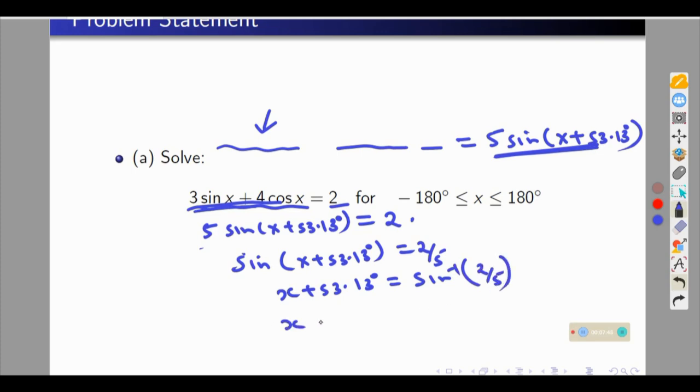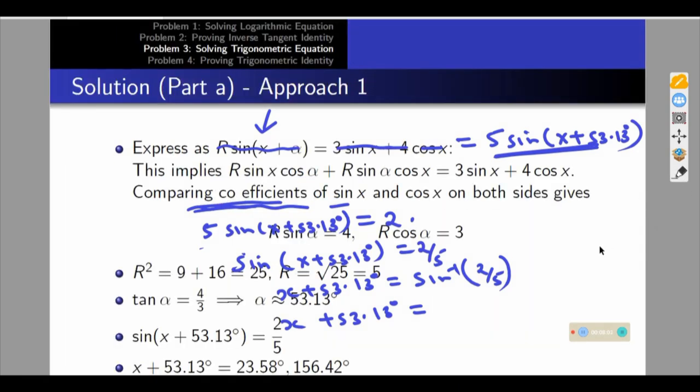So you will be able to get your x plus 53.13 degrees, which is equal to, so you take the sine inverse of 2 divided by 5. When you take sine inverse of 2 divided by 5, you will be able to get 23.58 degrees.